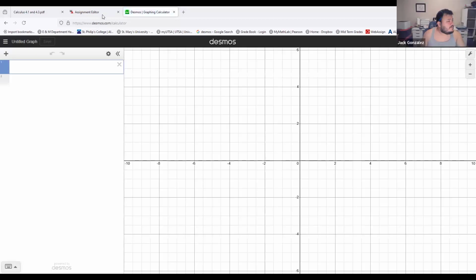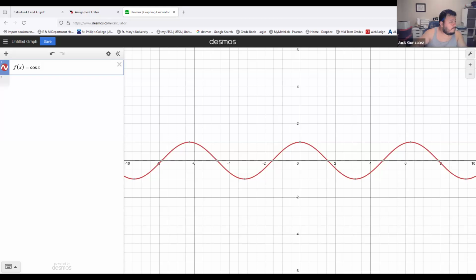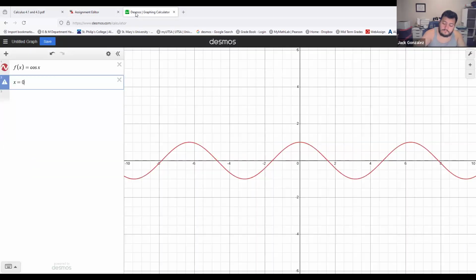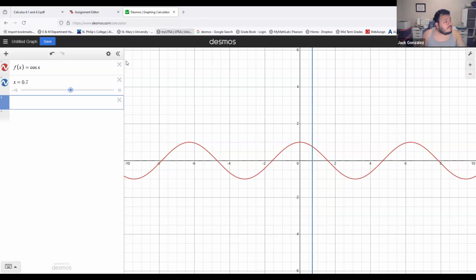Just for experimentation here, let's graph cosine x, and they're choosing the x value 0.7. The closest zero to here is going to be there, pi over 2.